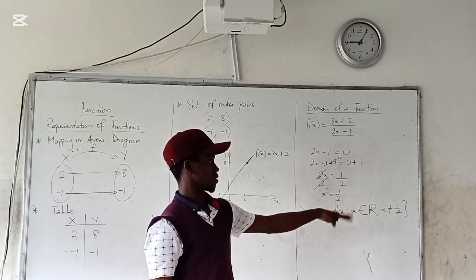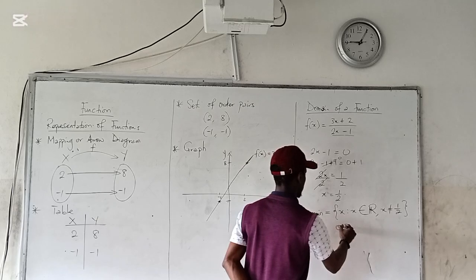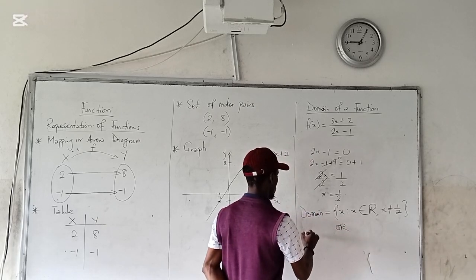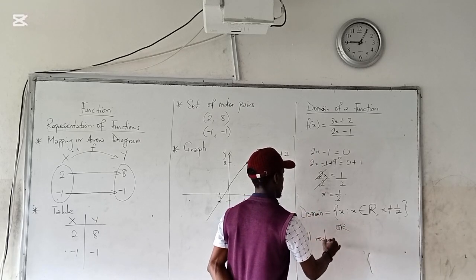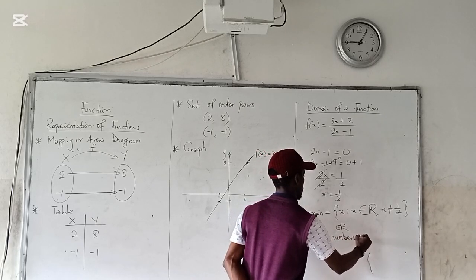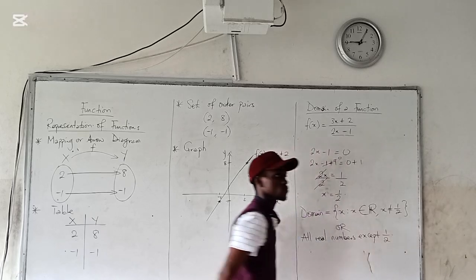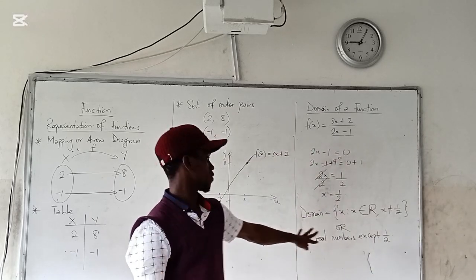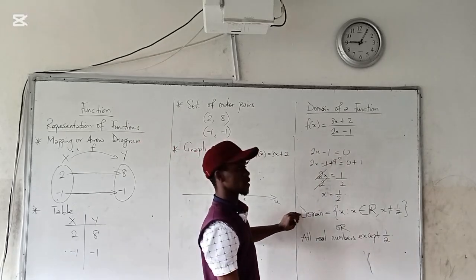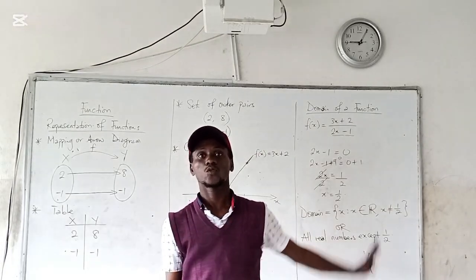So with this, I have my domain. Or I can say my domain is all real numbers except 1 over 2. I can write my domain in either form.